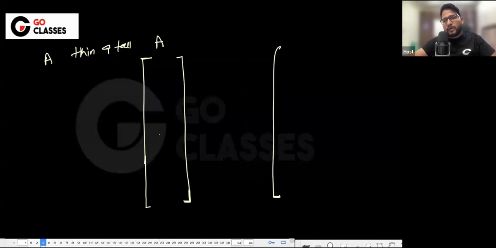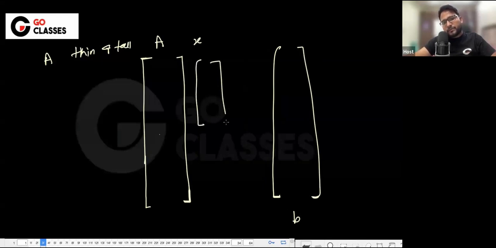Whatever b you are getting, this particular system of linear equations may be inconsistent, right? I'm not making any mathematical claim, I'm just asking you intuitively.